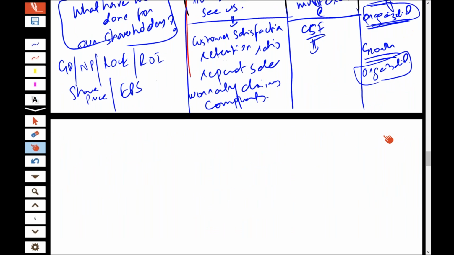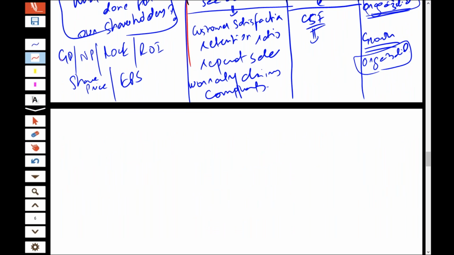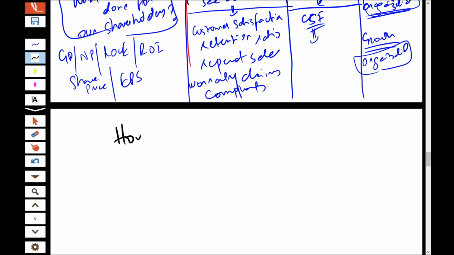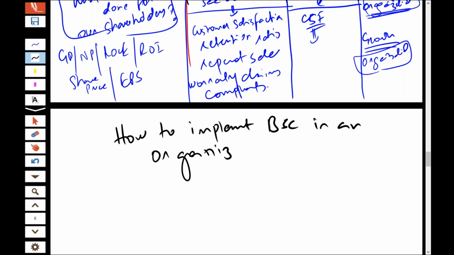Now, an important thing is how to implement balance scorecard in an organization. How exactly are you going to be implementing balance scorecard in an organization?